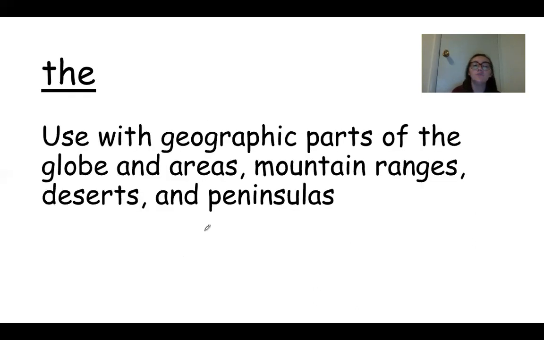And then I think this is the last, oh no, we still got more. So you want to use the when you talk about geographic parts of the globe. What is geographic? Geographic means it's about land, geo, the planet, right? So it's parts of the earth and areas, mountain ranges, right? So like the Rocky Mountains is a mountain range, deserts and peninsulas.